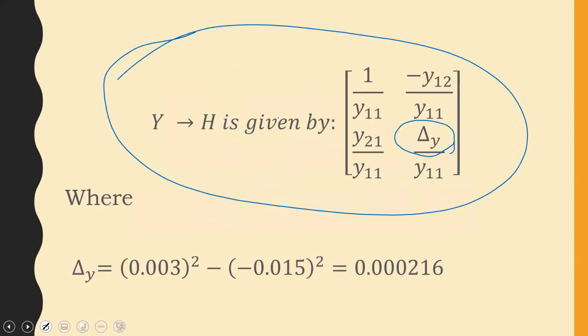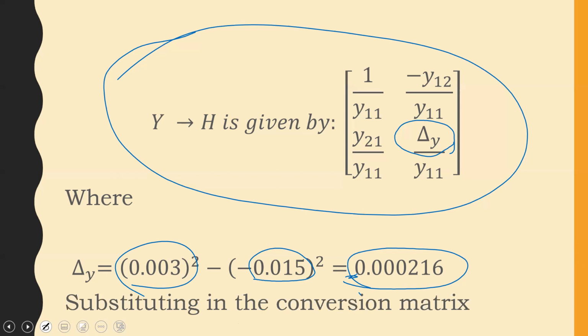The error would have been here, because this 0.003 is obviously smaller than 0.015. This is negative, so the delta is negative. You with me? You see what I'm correcting?